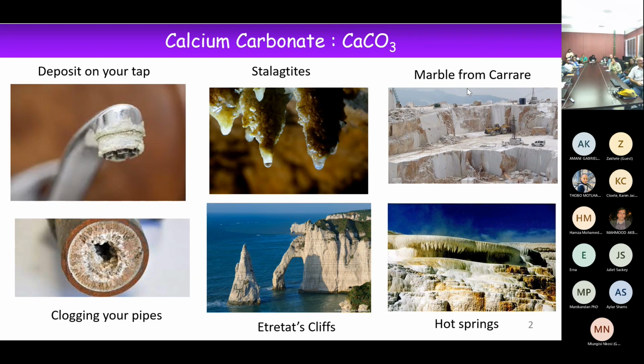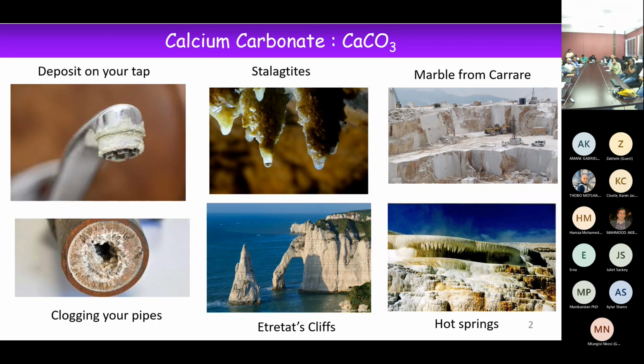All right, pretty good. So yeah, if you think about calcium carbonate, the first thing that you can find is that it is something that is going to be deposited over time. So if you are in a place where there is a lot of calcium ions in the water, you will see clearly that after a certain amount of time, you will observe some deposit on your tap.